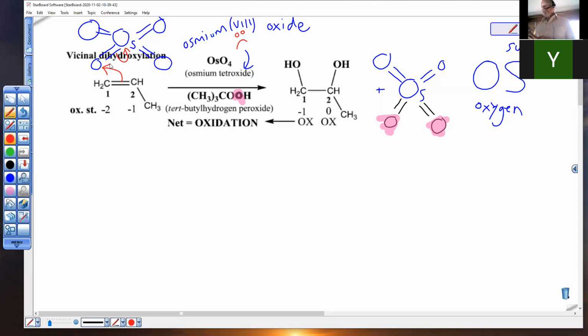And why did I choose to go this direction instead of the other direction around? It's because these two arrows would generate a carbocation. And which carbon do you prefer for a carbocation of these two? Your answer is this one because it's secondary. I do not want a carbocation here. But we're never going to see a cation anyway because the pi electrons in this bond end up attached to the carbon that would be the more stable carbocation.